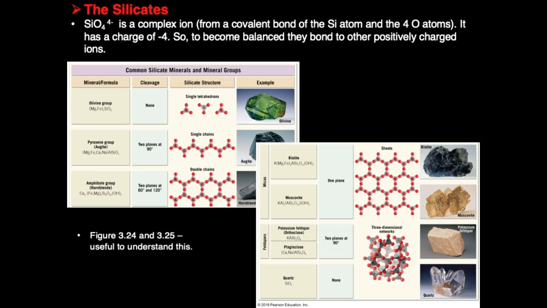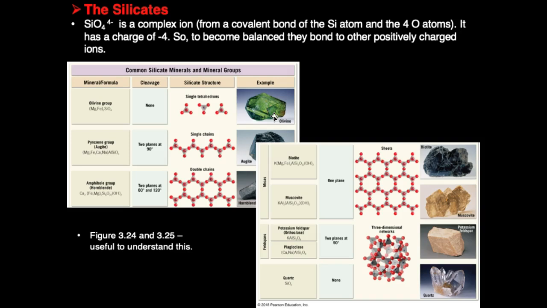A good example of this silicate structure of single tetrahedrons is going to be olivine, which is this mineral that you're seeing right here. Just like olivine, we have, for example, garnet, which is another good example of this single tetrahedron structure.